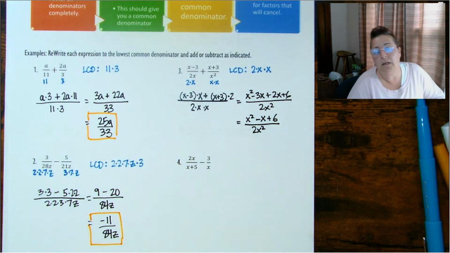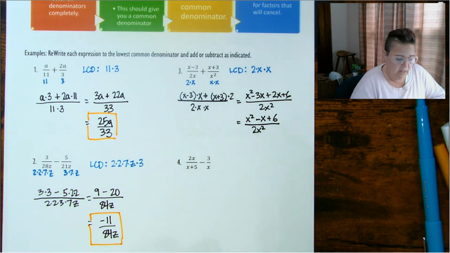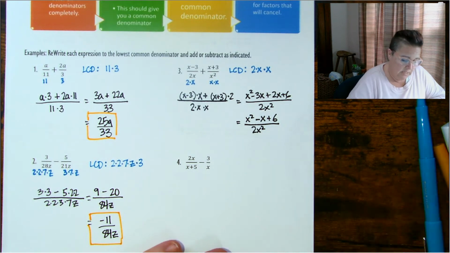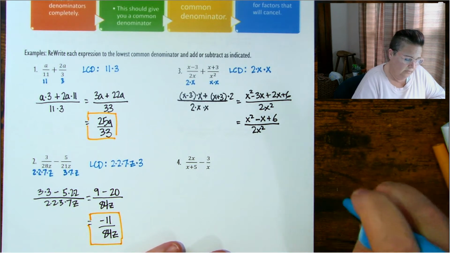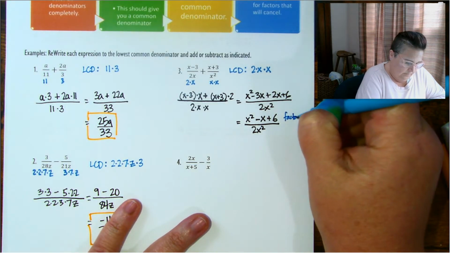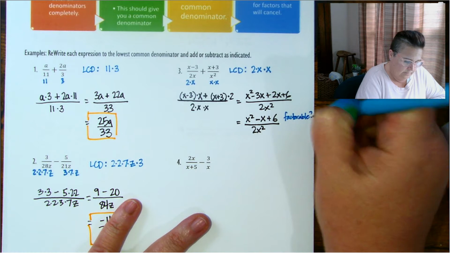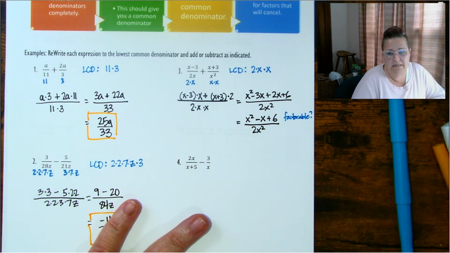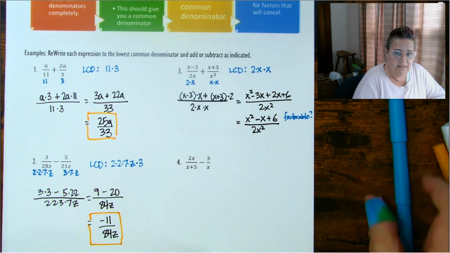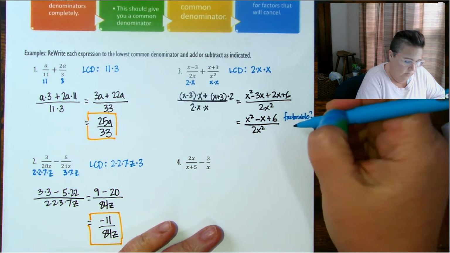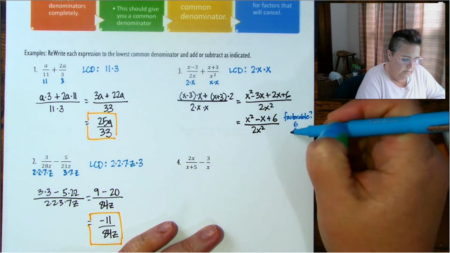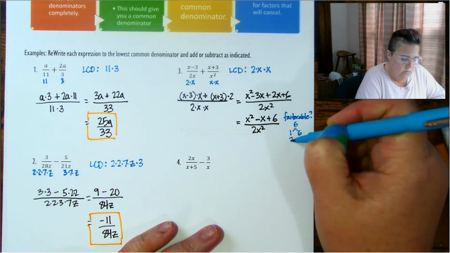Okay, so now that this is simplified, I want to look at this x squared minus x plus 6, and I need to determine if that can be factored. Are there any numbers that multiply to give you 6, but when added, they give you a negative 1? So I want a positive 6, but when I add them together, I get a negative 1. 6 is 1 and 6, or 2 and 3.